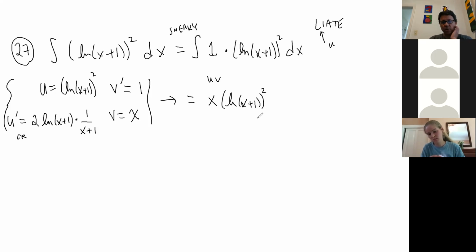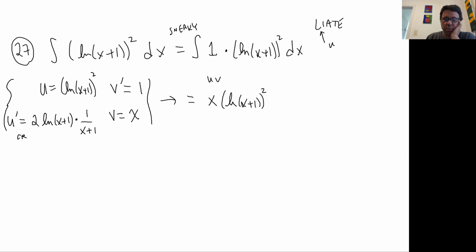And then what about the rest? Well, it's pretty bad. I've got x, and I've got 2, and I've got log, and I've got 1 over x plus 1. So we're going to put all those pieces in. I've got 2, and any multiples I usually want to put outside.